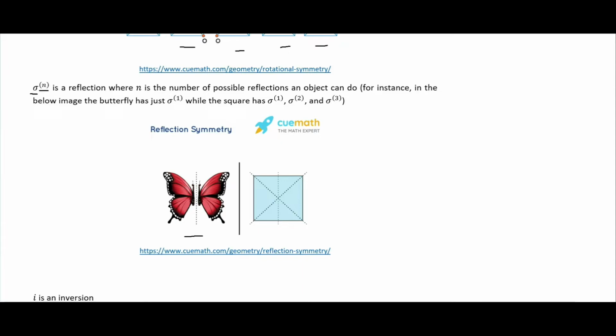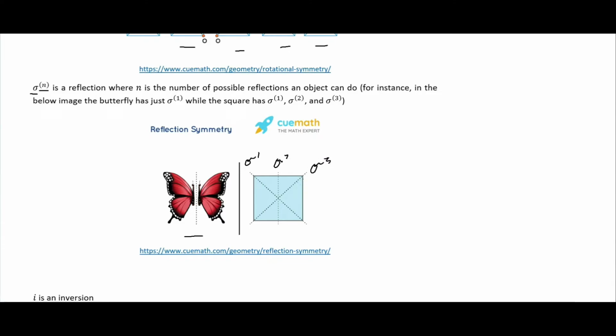So this butterfly, you can reflect it once. There's one axis or plane of reflection, whereas a square has three different ways you can reflect it. So it would have a sigma 1, a sigma 2, and a sigma 3.